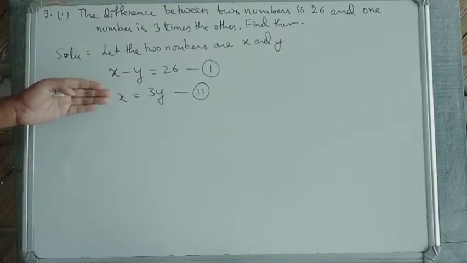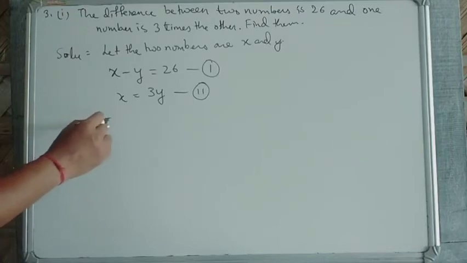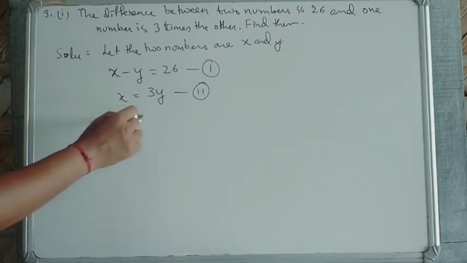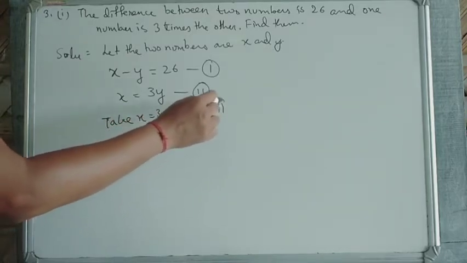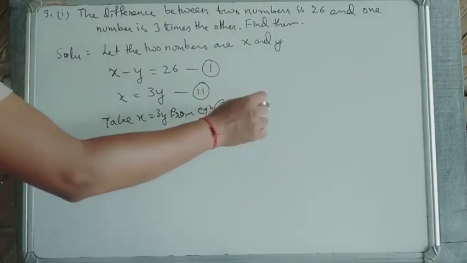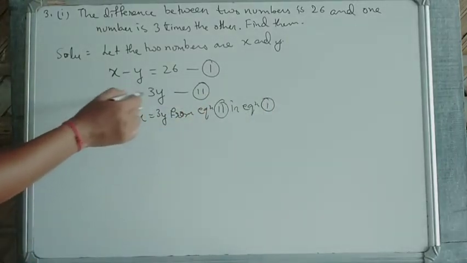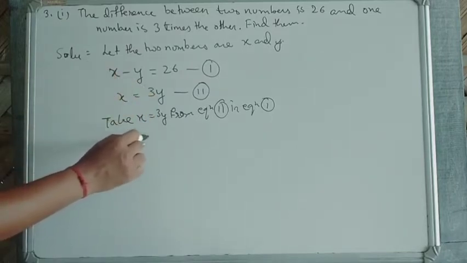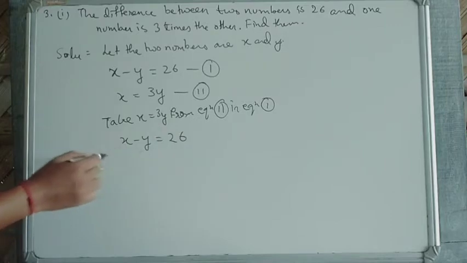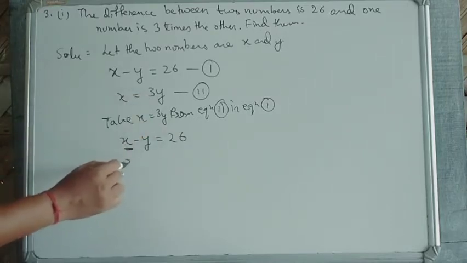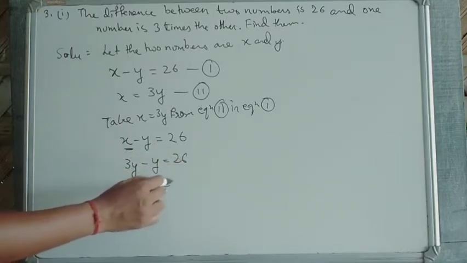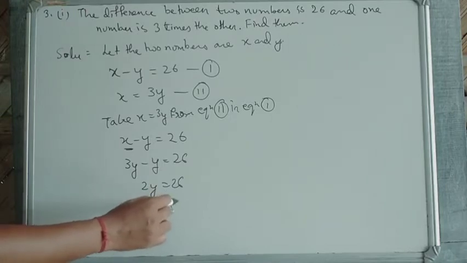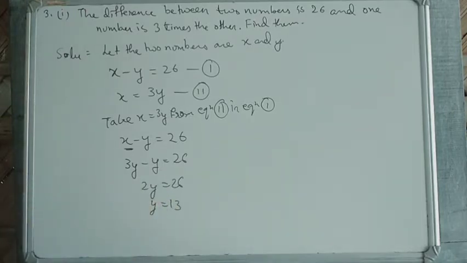Here, because we already have the x value in the second equation, we will take x equal to 3y from equation 2 and put it in equation 1. So equation 1 is x minus y equal to 26. So x will be 3y. So 3y minus y is equal to 26, or it will become 2y is equal to 26, or y equal to 13. So 2 will go down, 13 it will become.